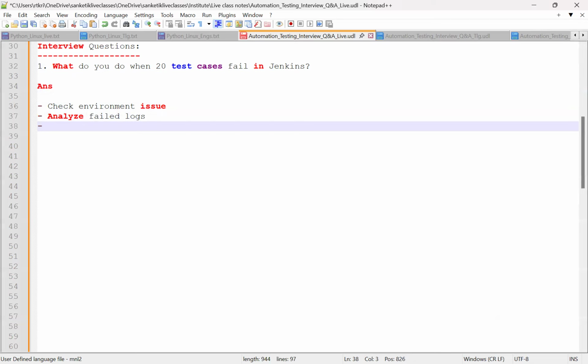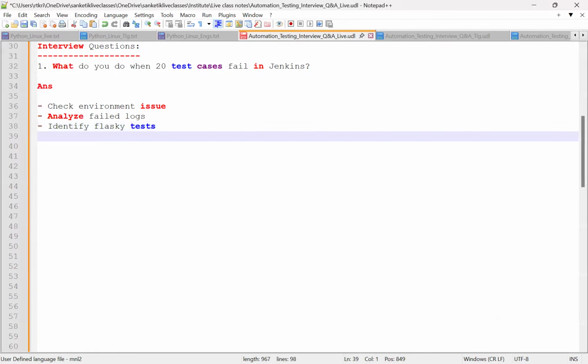Next, identify flaky tests. Next, report with evidence. This thinking is the automation mindset.